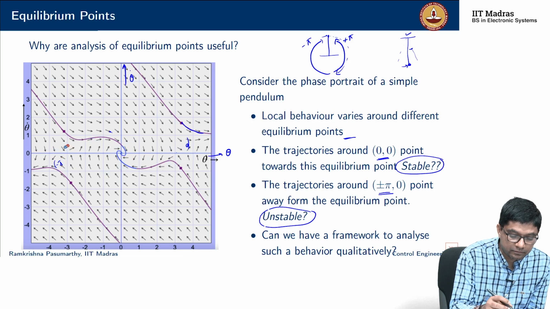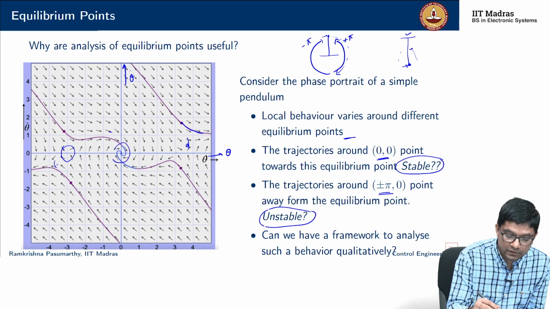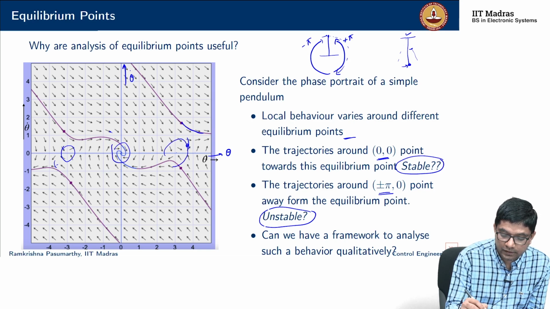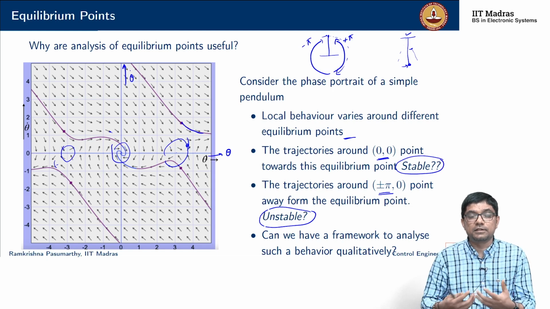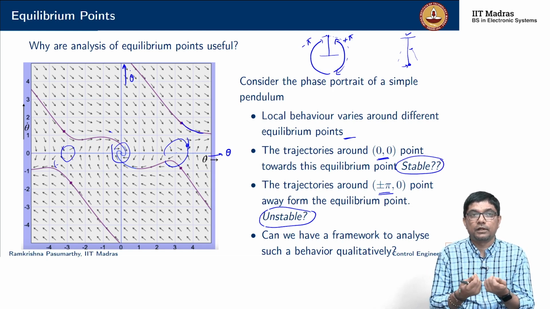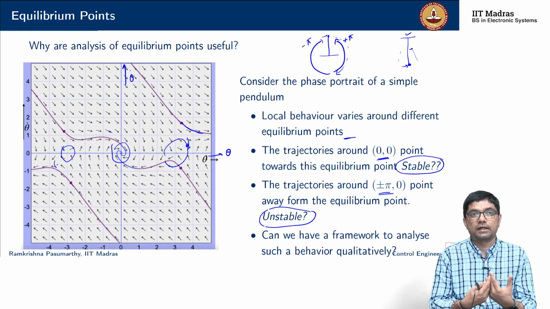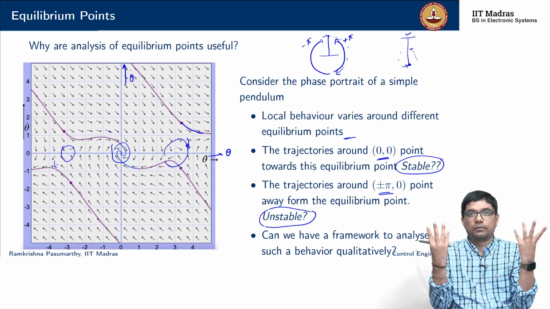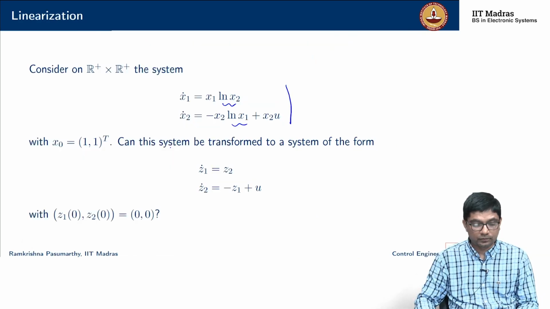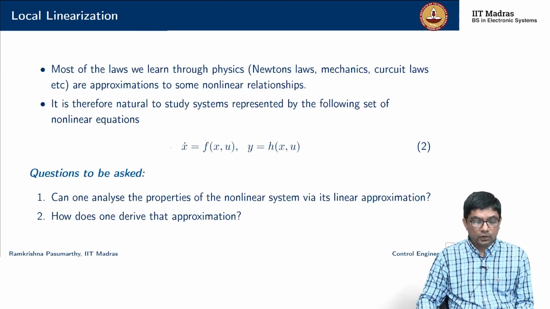Just say around this point, in some neighborhood of this point, in some neighborhood of this point, and in some neighborhood of this point. Can I approximate the systems around that neighborhood so that the behavior is preserved? So around that equilibrium point, I know by these plots that I can look at trajectories either coming back to the equilibrium or going away from the equilibrium point.